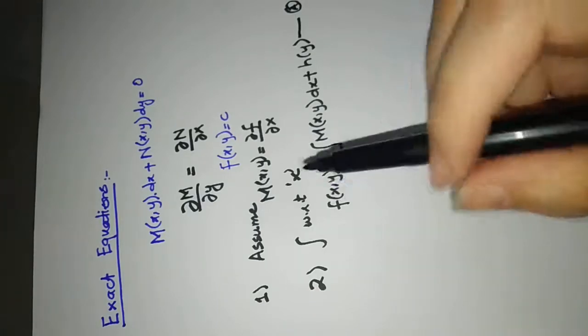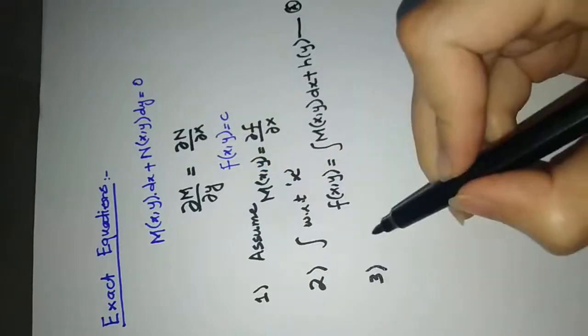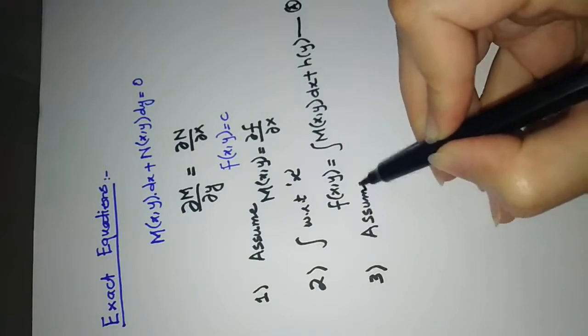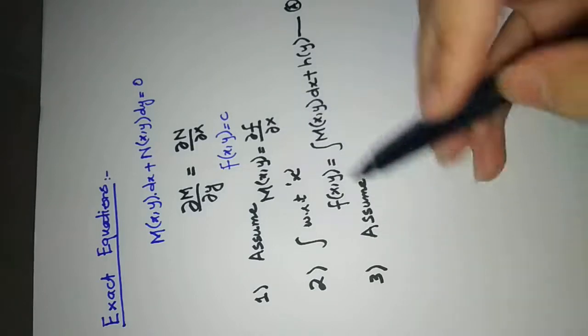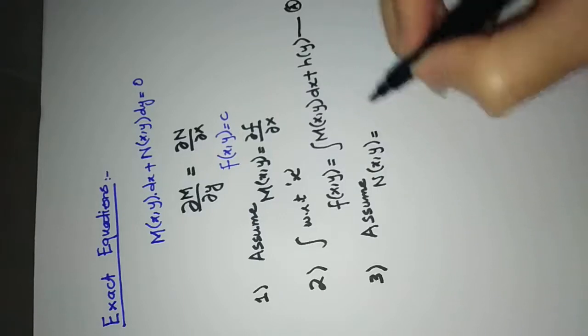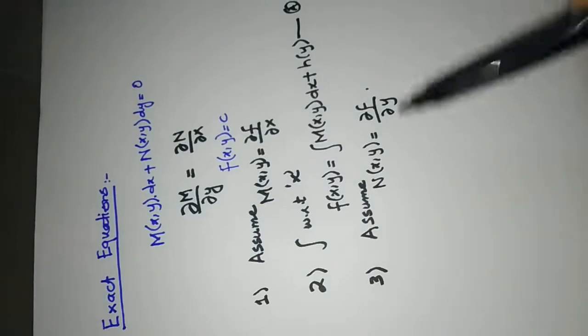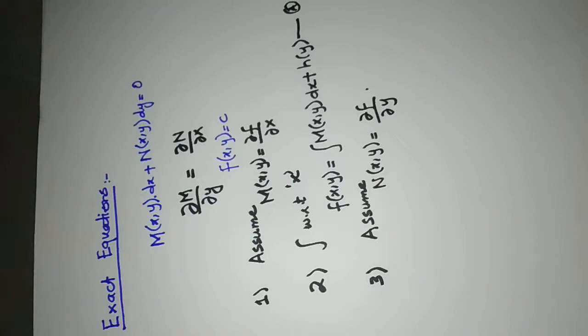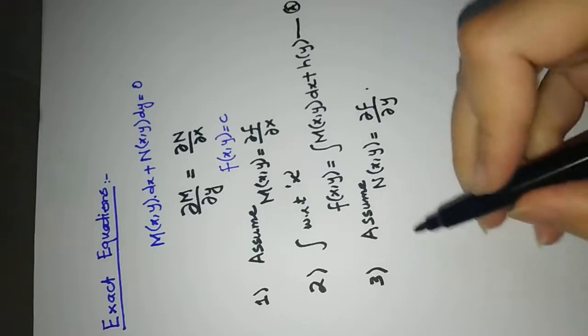Now we have to relate this M with this N. Here we assumed that M of x, y equals partial f by partial x, and in the next step we assume that N of x, y equals partial f by partial y. Now we have to relate this equation with that equation.